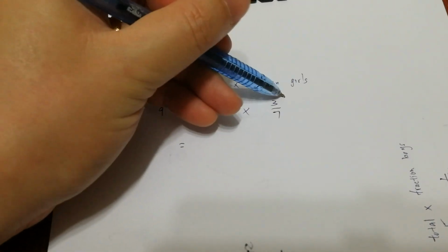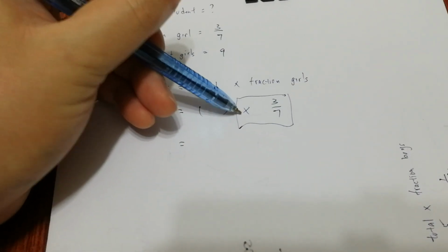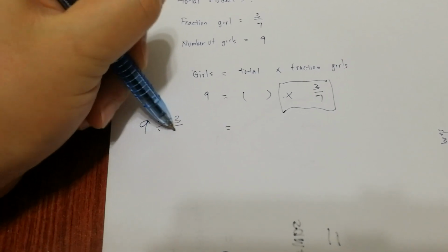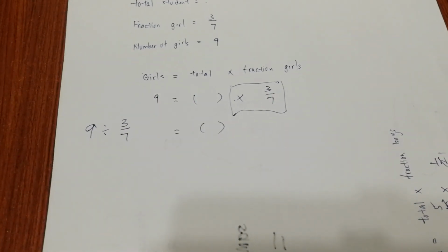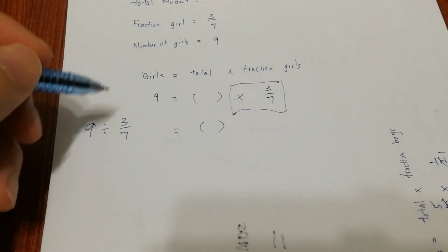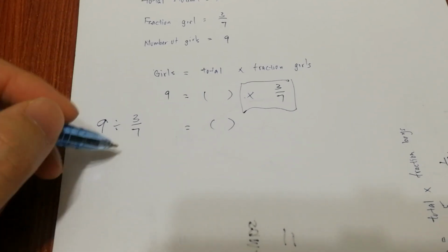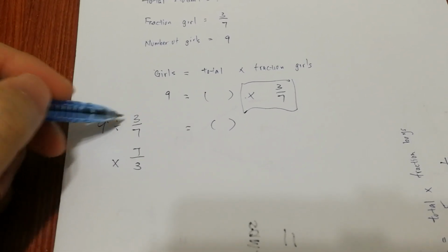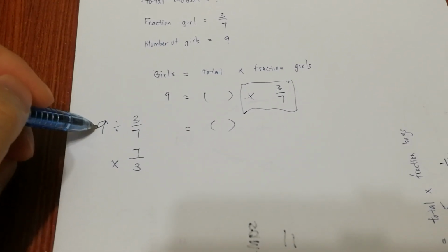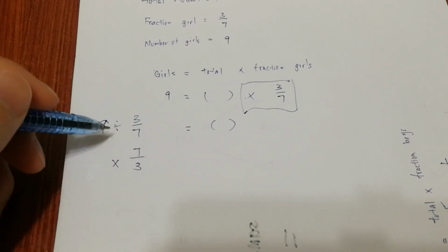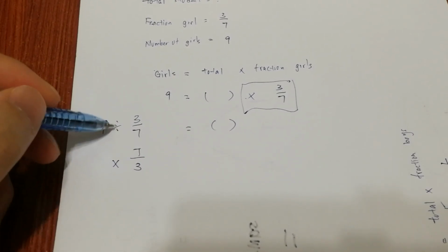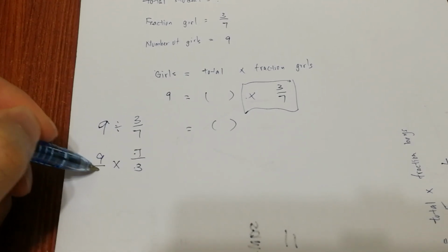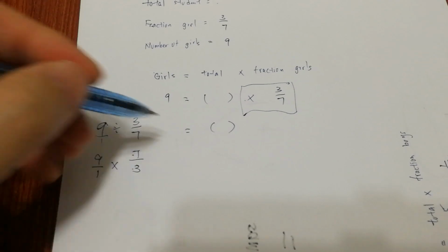This is actually algebra. Times, you bring it over, it becomes divide 3 over 7 bracket. Does this look familiar or not? Correct, right? Now when you see this divide, you have to upside down it. So this one becomes 7, this one becomes 3. You upside down the fraction, you don't upside down the front, you upside down the number behind, behind that fraction. So this becomes 7 over 3, then equals 9 over 1, because there's an invisible 1.